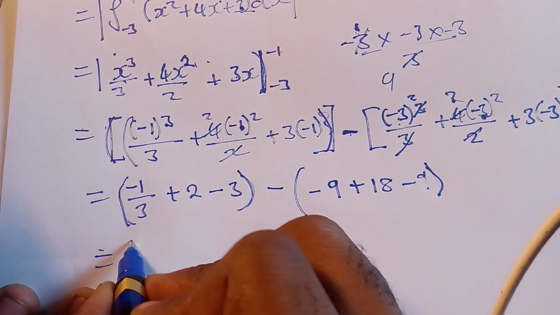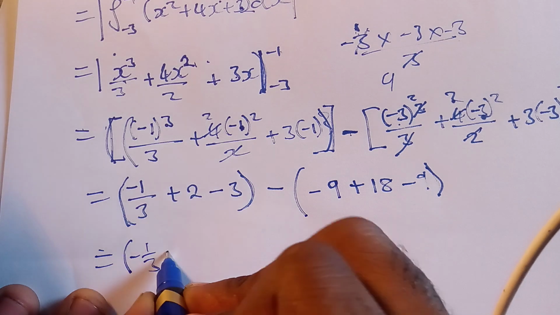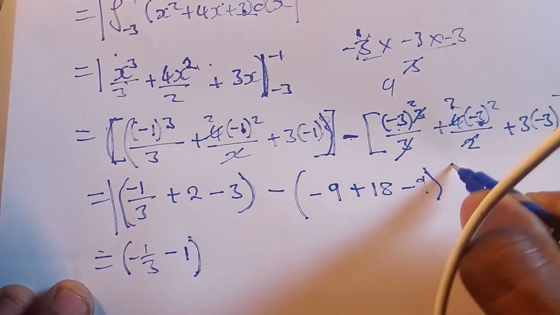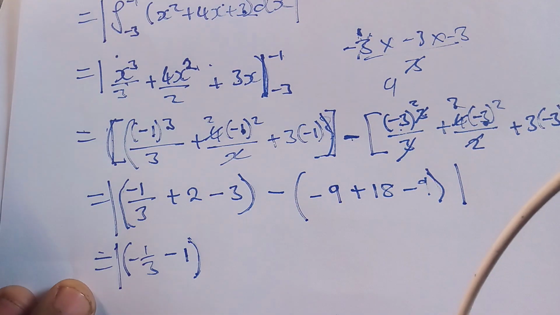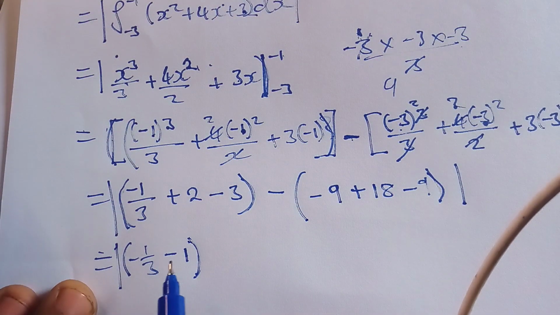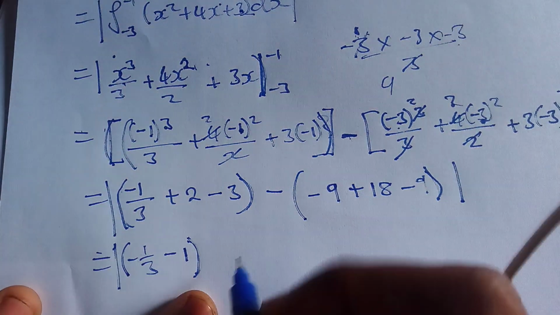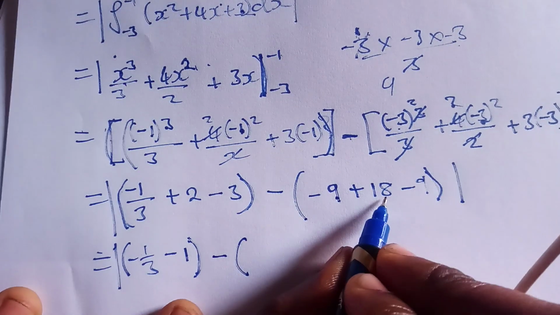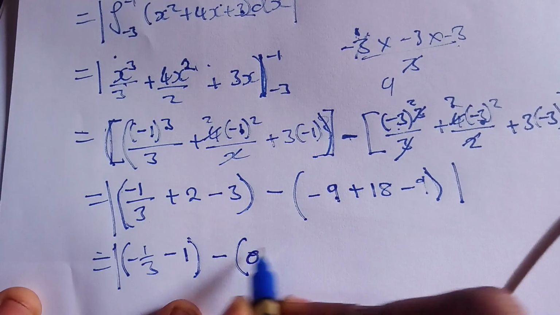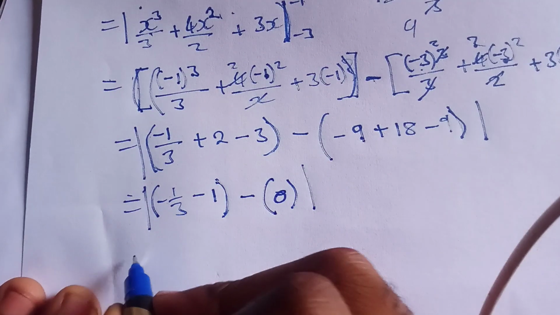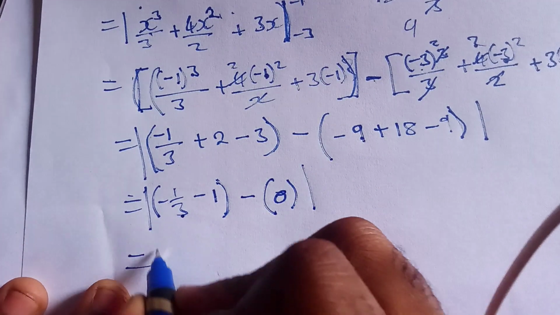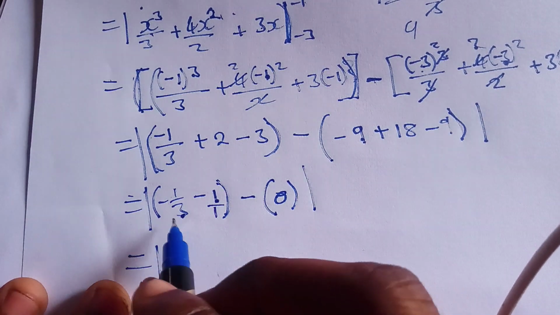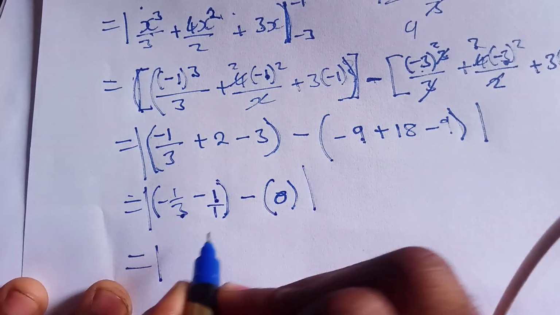And then you have -1 over 3 minus 1 this side. Of course, don't leave out the modulus signs, because the answer here will be a negative, as you can see. And then minus this minus this is 9 minus that's just a 0. And then -3 multiplied by this, or maybe we find the common denominator, which is a 3.